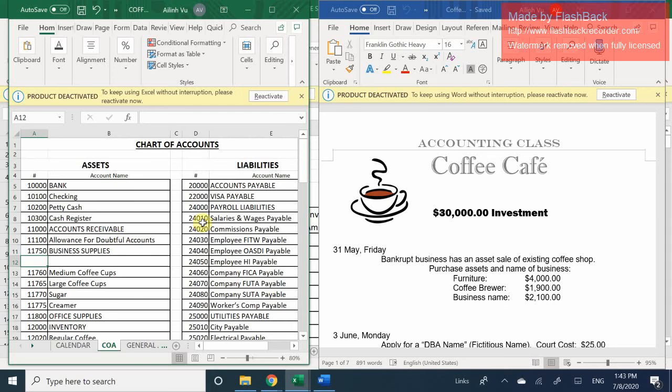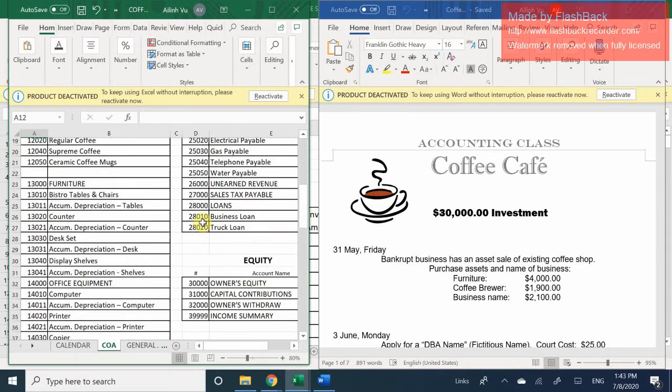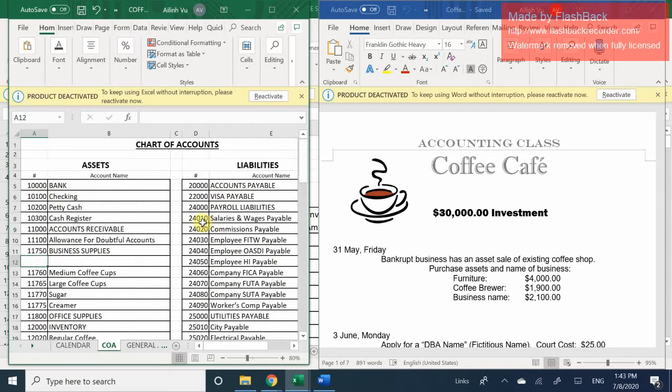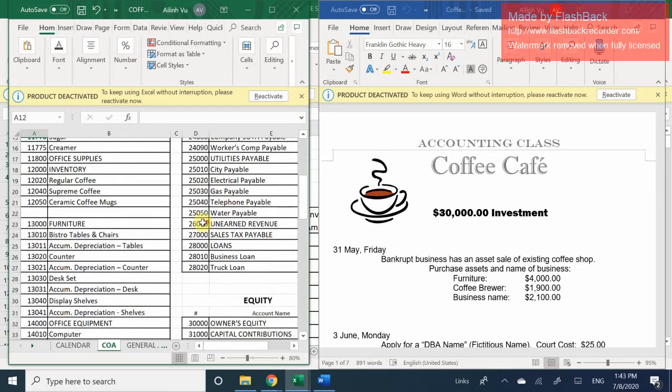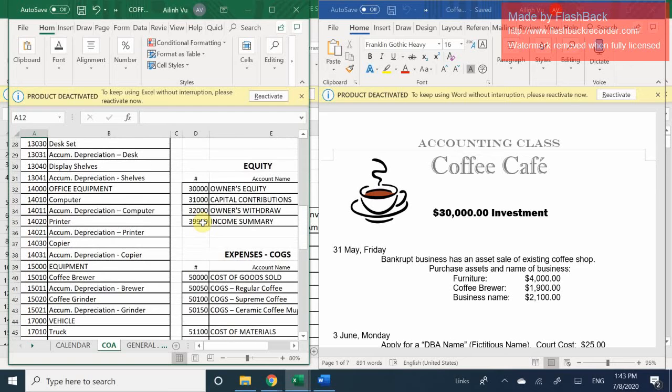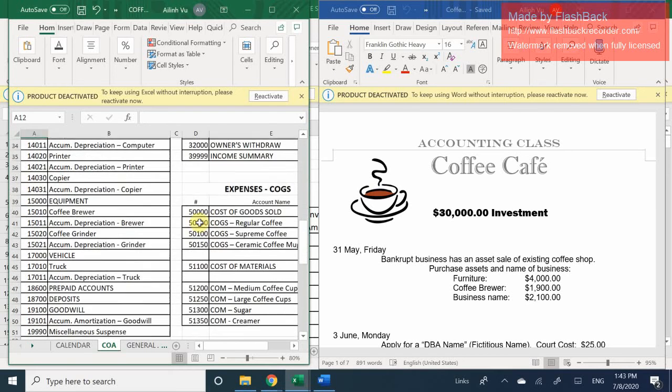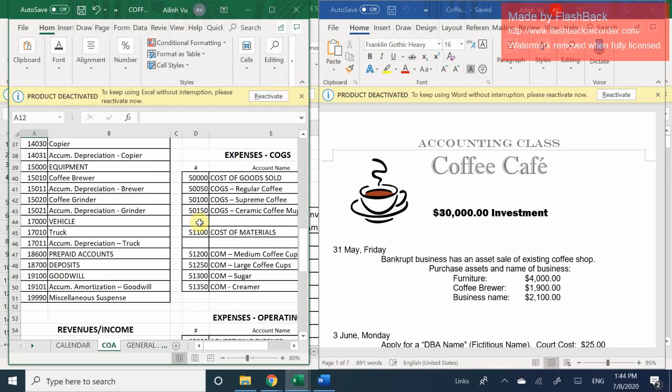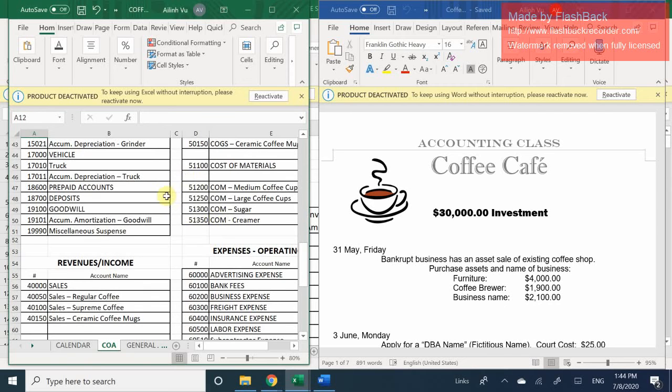As you can see, this is a preset, pre-made chart of accounts. These are all the accounts you can look up to see exactly what to name the account, but also to get a reference number, such as the account number. The PR means post reference.